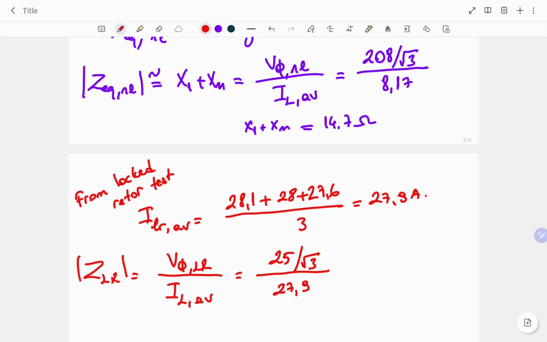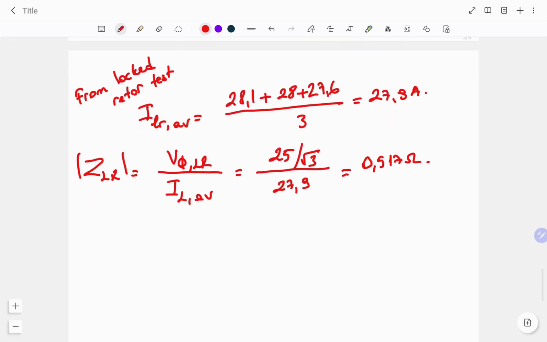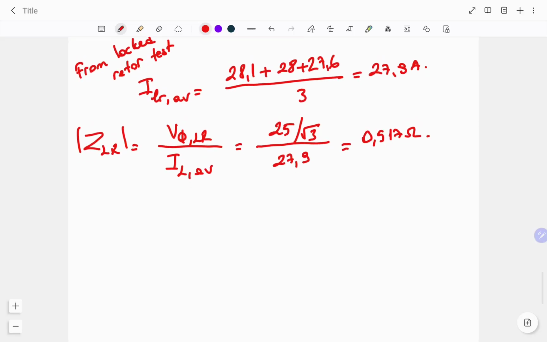For the phase and the line, they are equal to each other, and from here the impedance can be calculated as 0.517 ohms. So this is the total impedance during the blocked-rotor test.